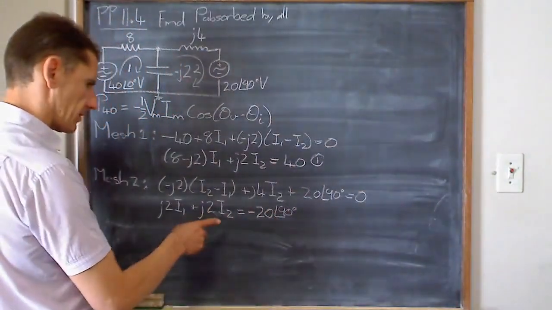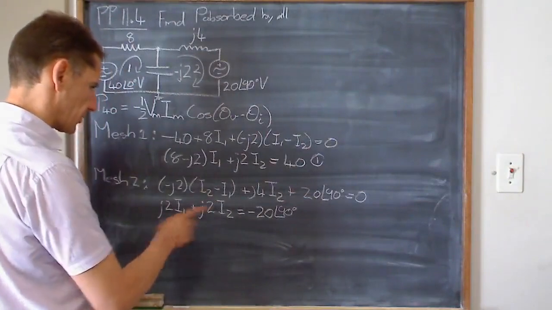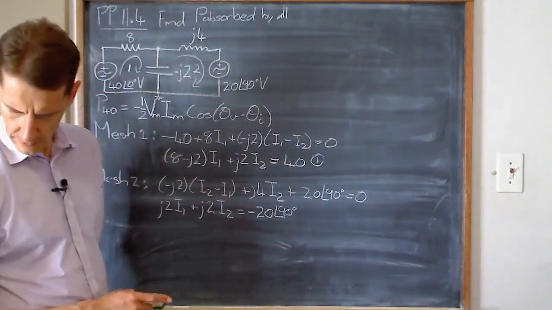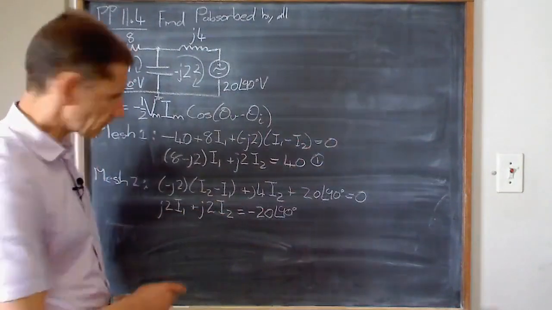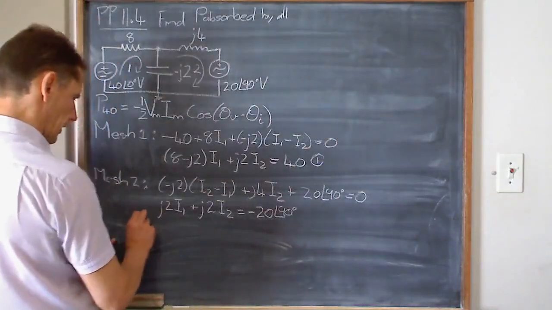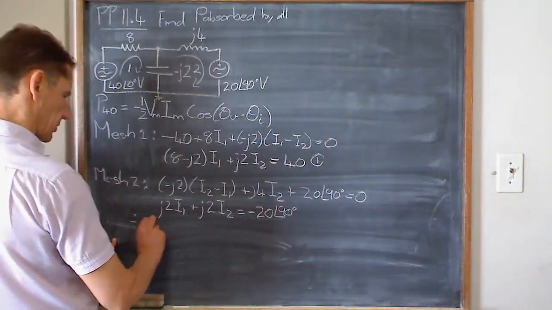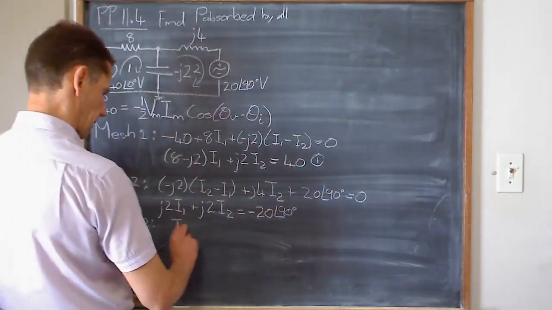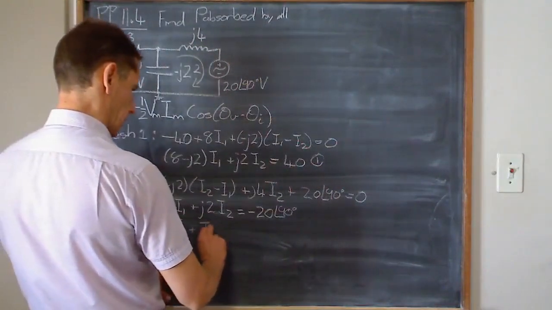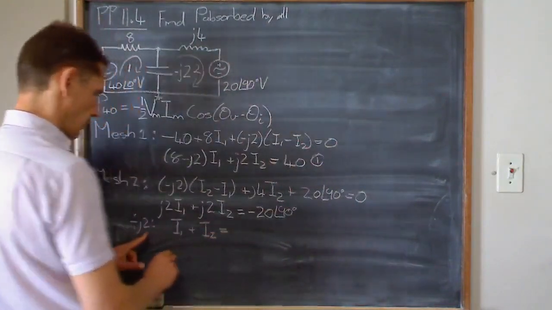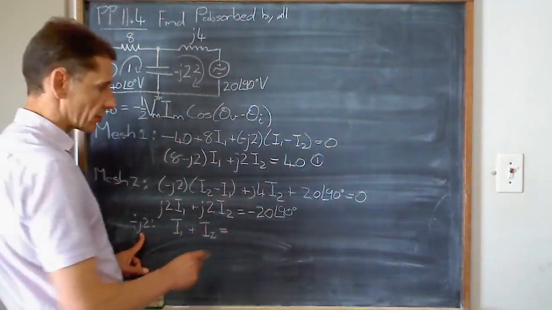Let's simplify this one. Let's divide straight through by J2. I wonder if I did that there as well. Yes, I did. So if we now divide this by J2, what do I get? I get I1 plus I2 must equal, and remember a J is 90 degrees.